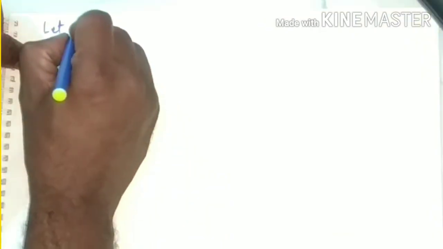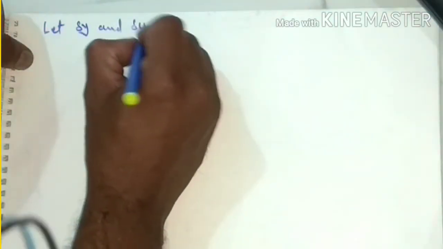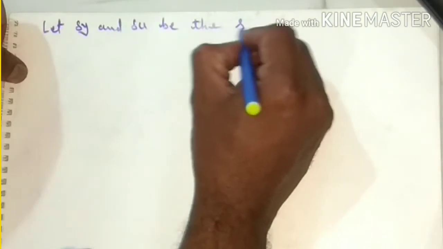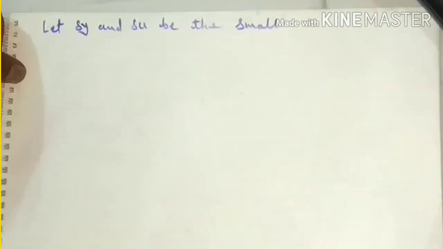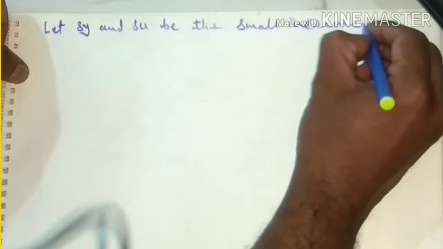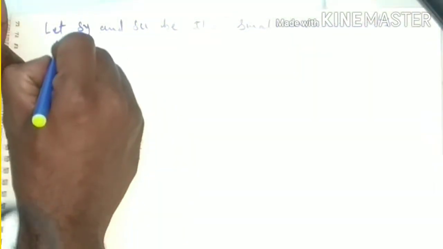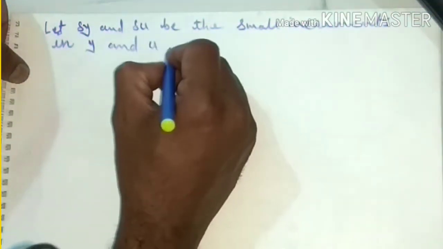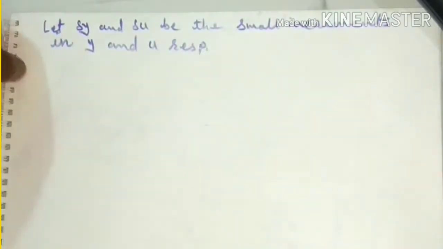So as delta x is a small increment in x, we will consider delta y and delta u to be the small increments in y and u respectively.